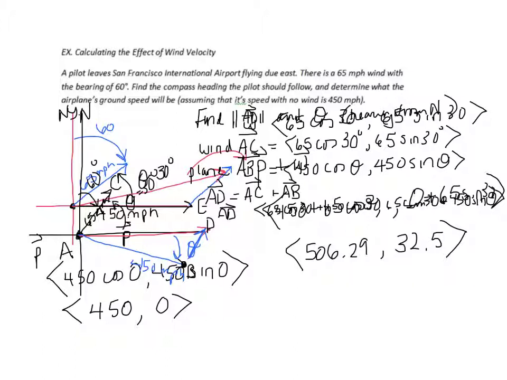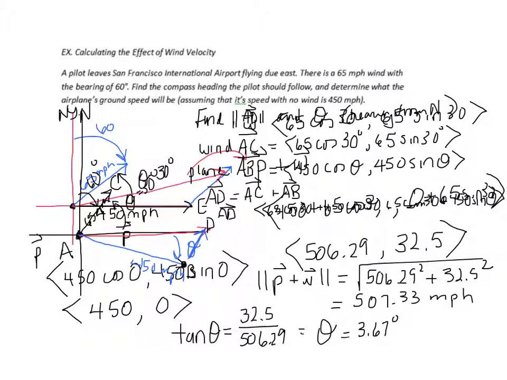Another way to think of AD is, since it's going due east, AD actually has a direction angle of 0 degrees. So this would be equal to the magnitude of AD, whatever that is, which is what we're trying to find, times cosine of 0, sine of 0.